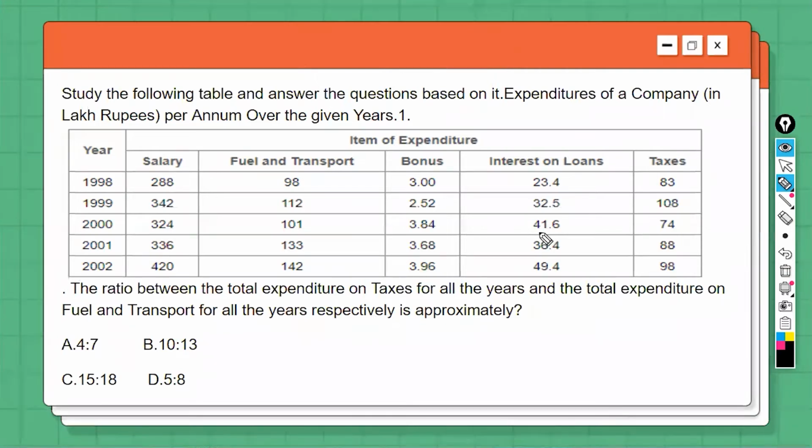Total expenditure on taxes. This is the total tax value. So I take this as 100 and another 100, 200, 200 plus 150, 350. 350 plus 80 is 430, approximately 440 is the value.